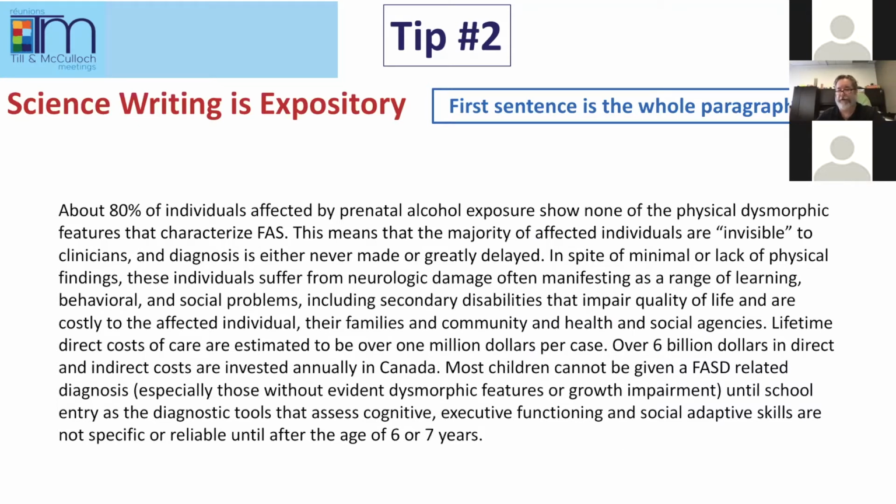So 85% of children with FASD will never get a diagnosis. And that's what this paragraph is about. This paragraph has been crafted many times. The sentences are really good. Everything you need to know about that particular point is in here somewhere. But it does not currently have a really good lead sentence, a sentence that describes everything.